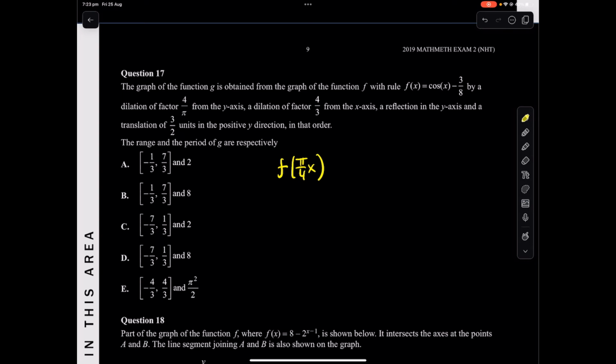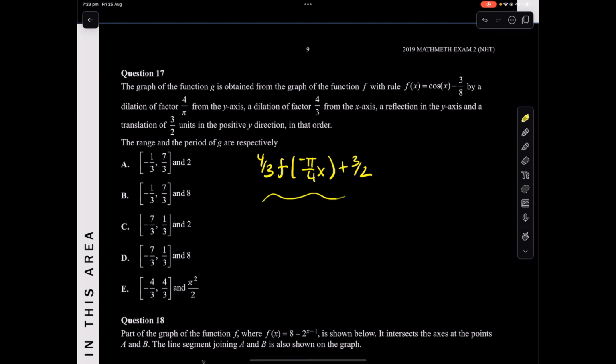A dilation by a factor of 4 over 3 from the x-axis, which is the same as parallel to the y-axis. So we multiply by 4 on 3. A reflection in the y-axis. So if we're reflecting in the y-axis, this inside will become negative pi over 4x. And a translation of 3 over 2 units in the positive y direction. So plus 3 on 2.